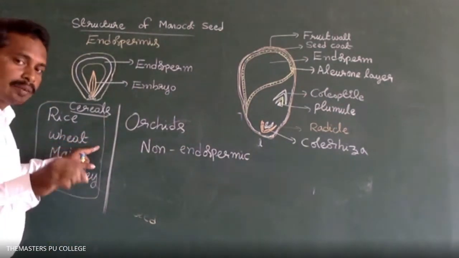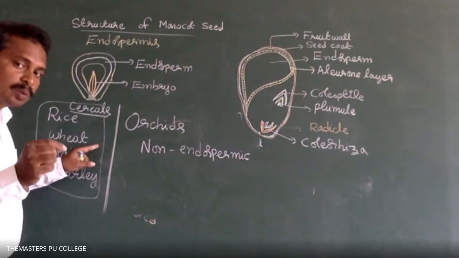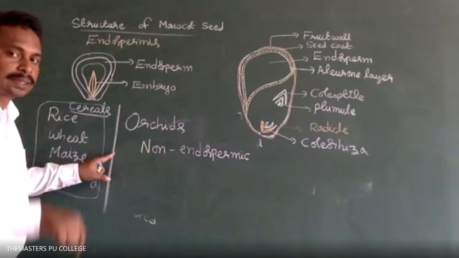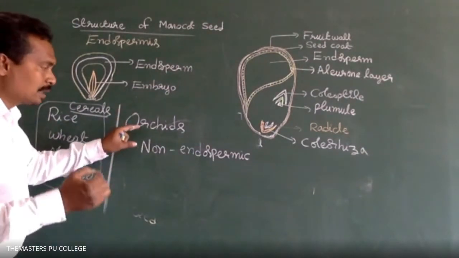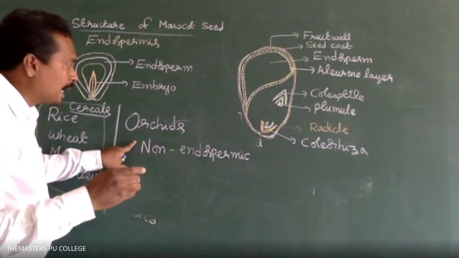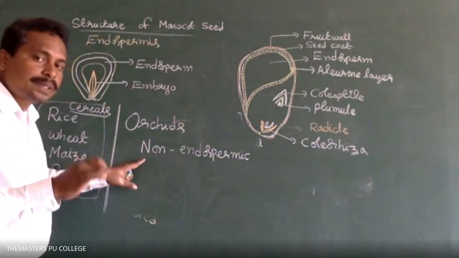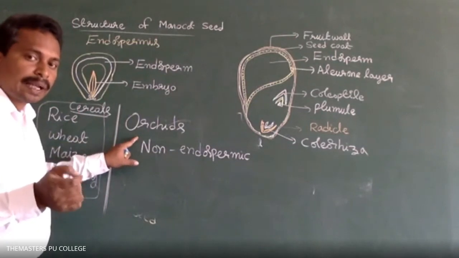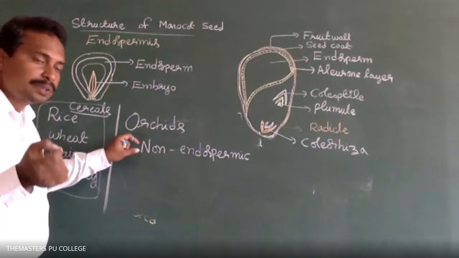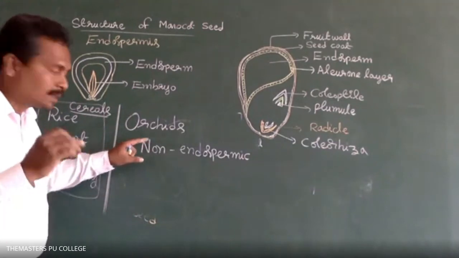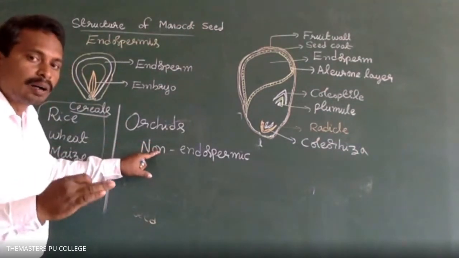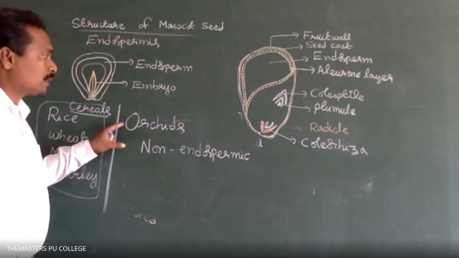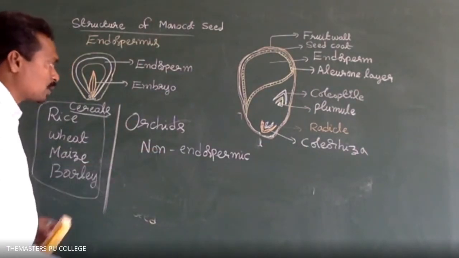In the majority of monocotyledons, the endosperm tissue is present, whereas in orchids the endosperm tissue is absent in the mature seeds. Such seeds are called non-endospermic seeds.